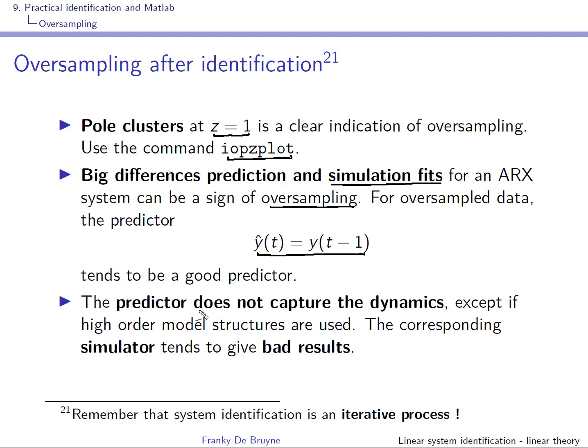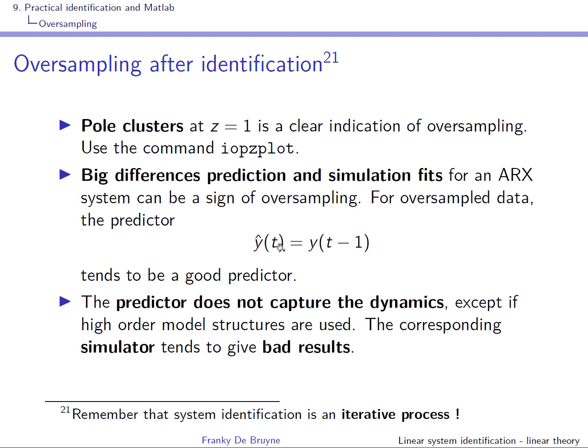If you have to use model structures with a high number of parameters to have good simulation results, this is again a sign of oversampling. So it could very well happen that you have started the identification exercise and that you have had these problems that are described over here, and that you suddenly realize that your data set is such that TS is too small and that you have an oversampling process.